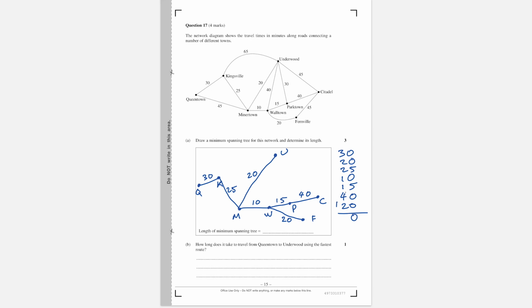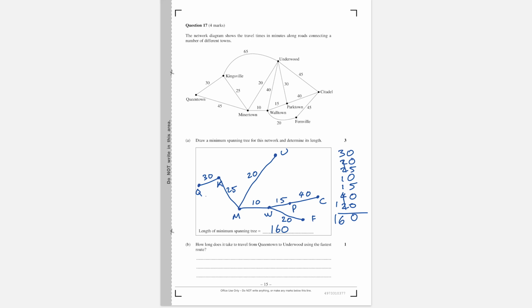So we have 4 plus 2 is 6, plus 4 is 10. And then 3 plus 2 is 5, so that's 15. And one more is 16. So 160 is the length of our minimum spanning tree.